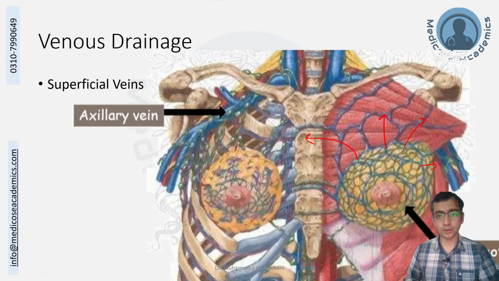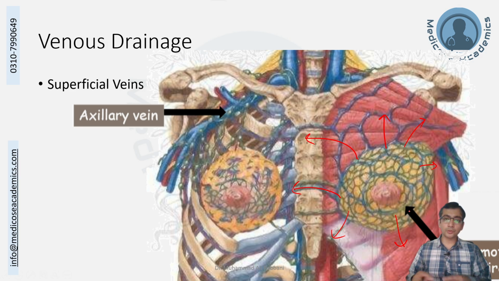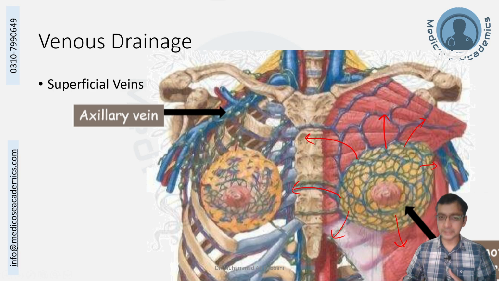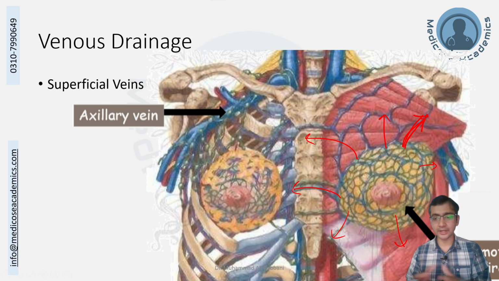It has connections with the opposite side from the medial aspect, and it will have connections with those of the abdominal veins. So you have to keep that in mind. You have to keep an open mind regarding the superficial veins. Yes, the majority will go to the axilla, to the lateral thoracic vein, and from the medial aspect the majority will go to the internal thoracic vein too, but you will have to keep an open mind because the superficial venous system is not that well demarcated.